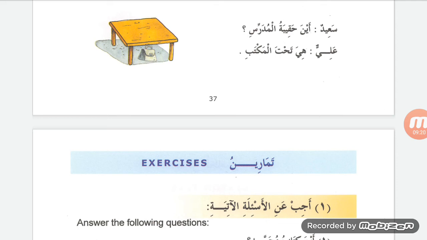This rounded ta appears at the end of feminine nouns. So hence the pronoun used will also be feminine, in accordance with the noun. Hiya is going back to haqiba. Hiya, pronoun used for singular feminine third person. Here it is tahtal maktabi, under the desk.